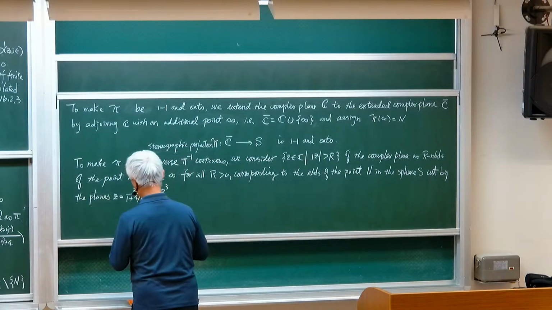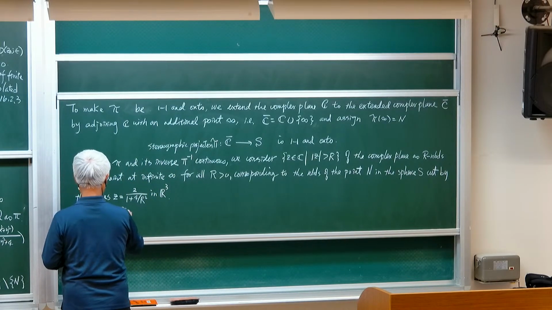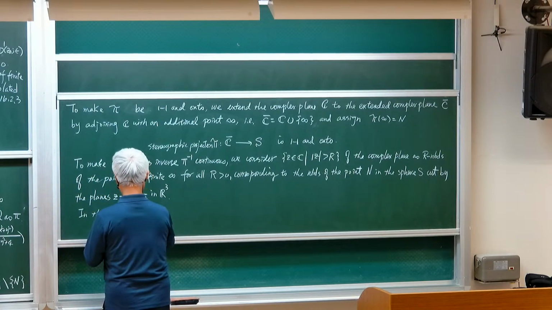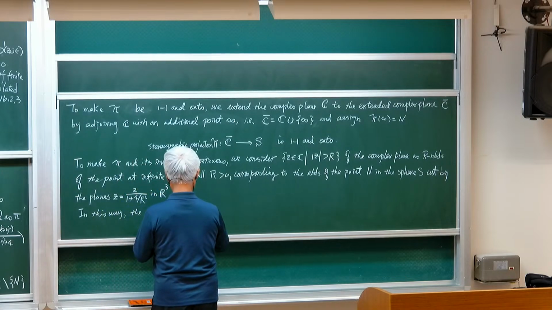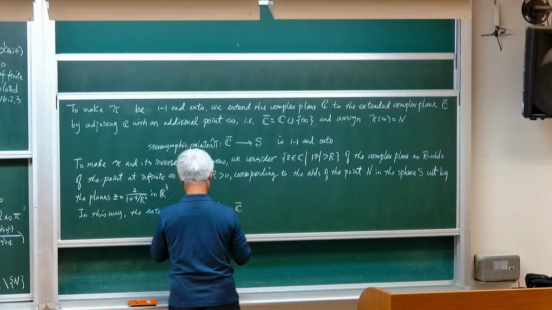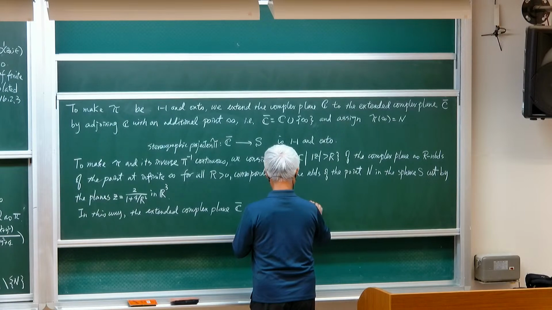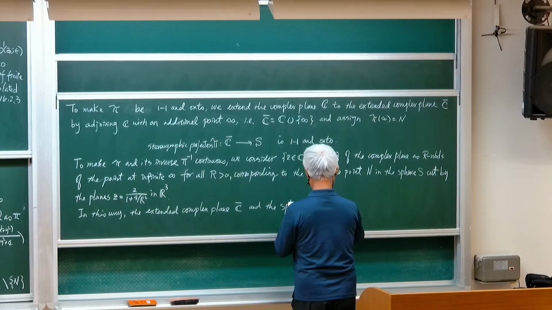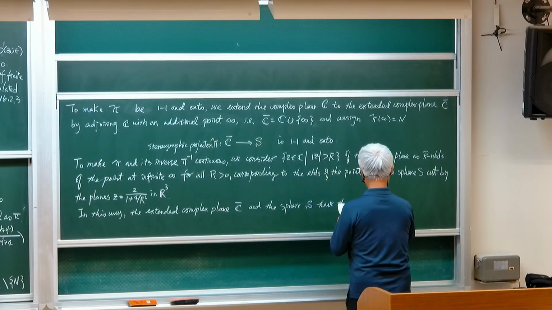In this way, the extended complex plane C bar and the sphere X have the same topological structure, or we can say geometrical structure.